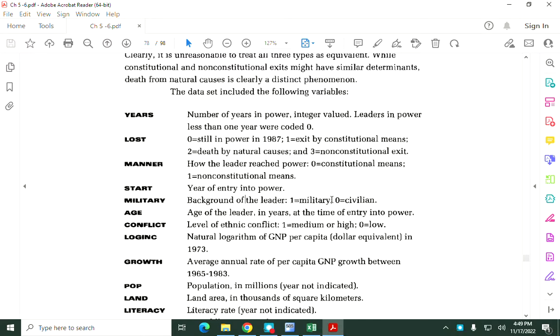Age. Do you think age matters? At least age matters if they die old in office, right? But how old is old enough? Next, conflicts. Ethnic conflict. 1 is medium or high. 0 is low. Okay, and where are the most troublesome conflict regions right now in the world?